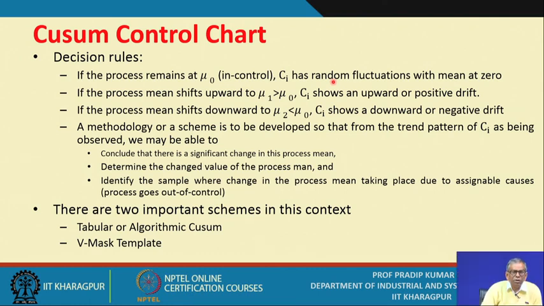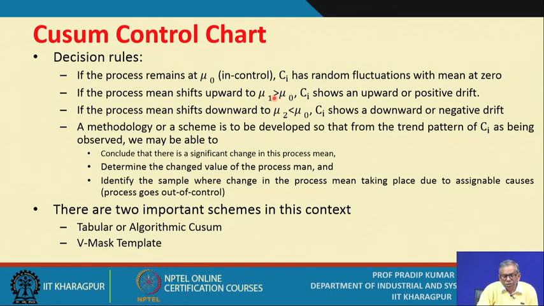Suppose the target value of the process mean is mu0, and you find that Ci, that is the cumulative sum at the ith sample point, the way you have computed, has random fluctuations with mean at 0. So this will be your observation when the process is in control at mu0.